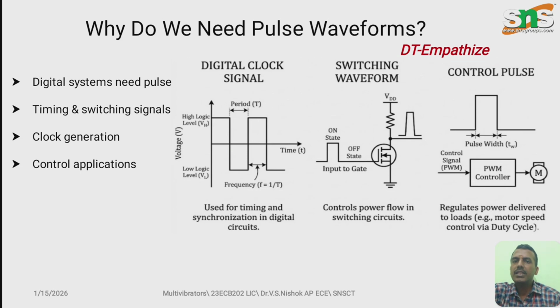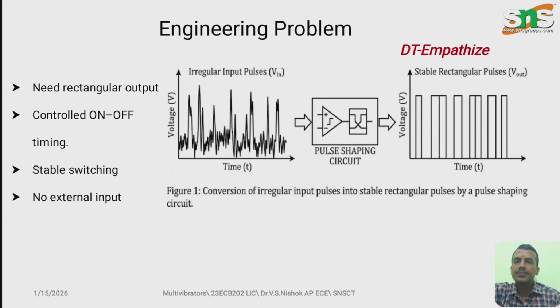That is when we need to switch on the signal and switch off the signal, and digital systems need clock signals. That is nothing but a continuous square waveform, which is used for control applications like controlling the motors and switching on and off relays, switches, etc.